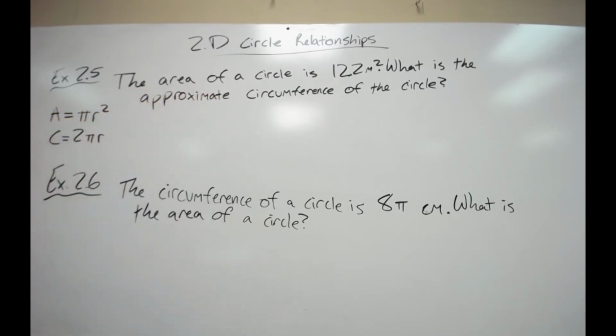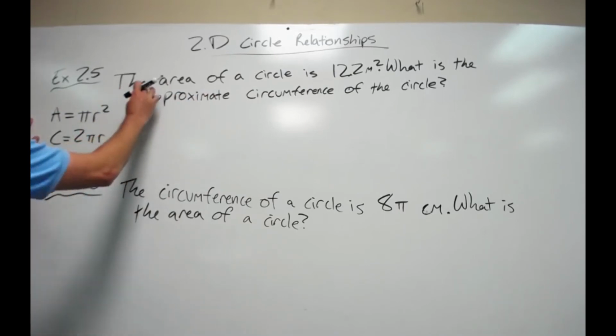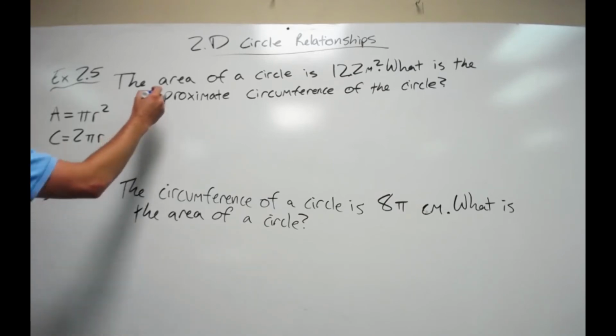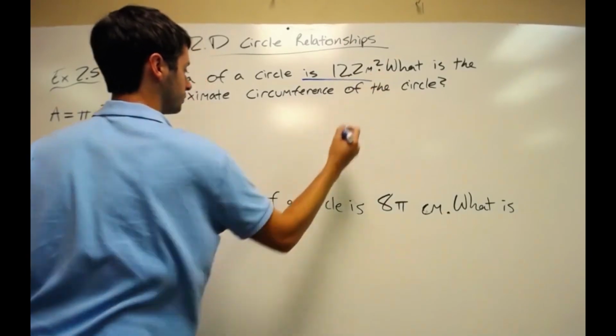So what you have to do in these problems is just look at what does it give us. This says the area of a circle is 12.2 meters squared. What it's actually telling us is the area is 12.2.